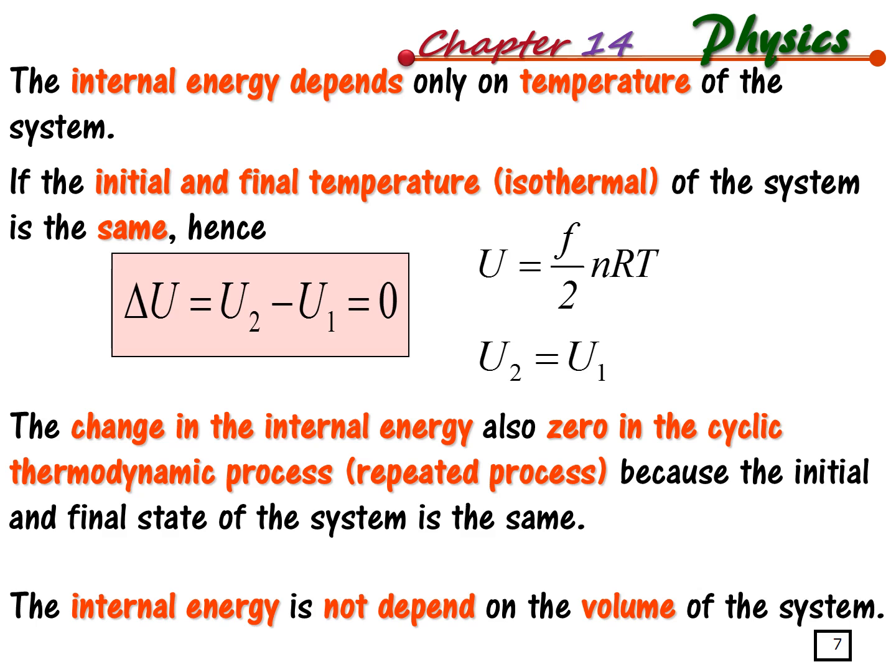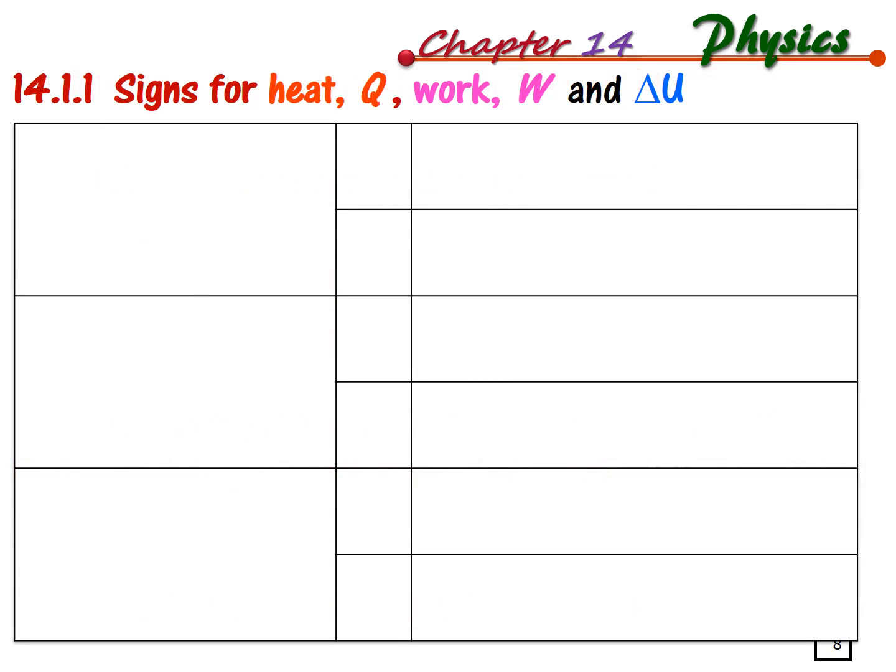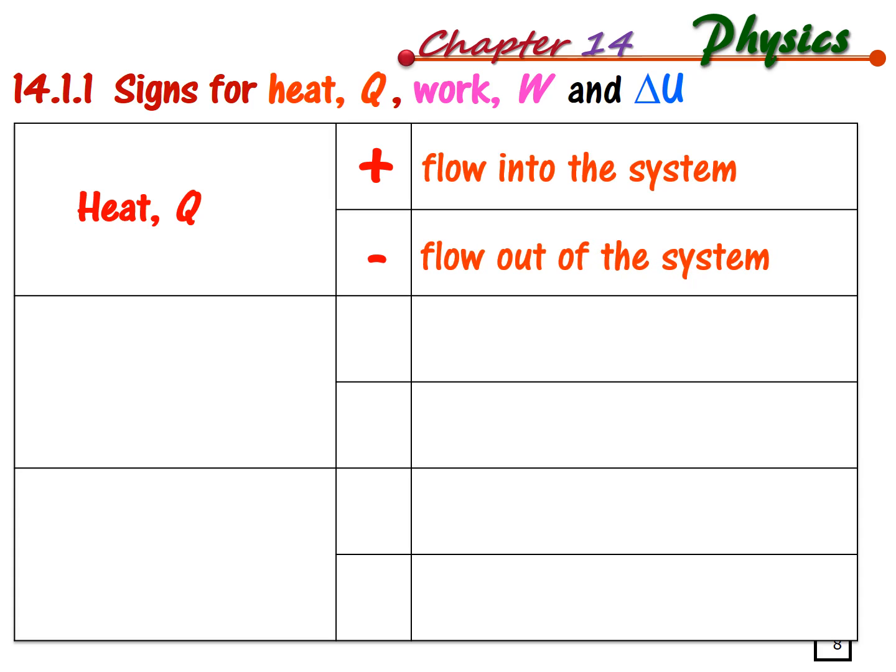So before we go further, we must know about the signs for heat, work, and change in the internal energy of the gas or system. If Q is positive, we call it heat flow into the system. If Q is negative, heat flows out of the system, where the system is the gas. How about W?